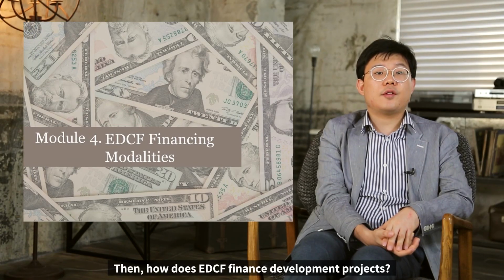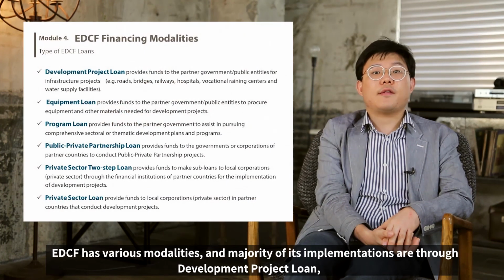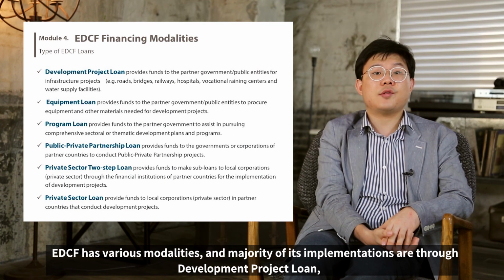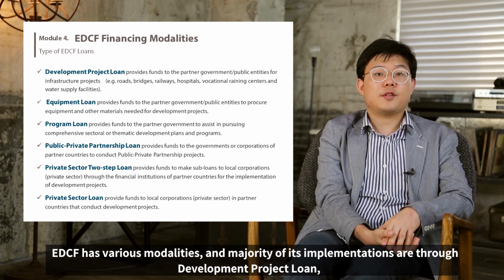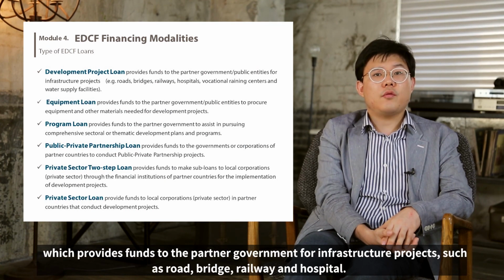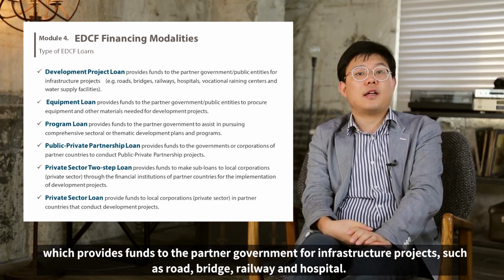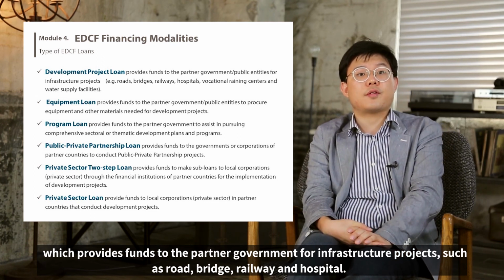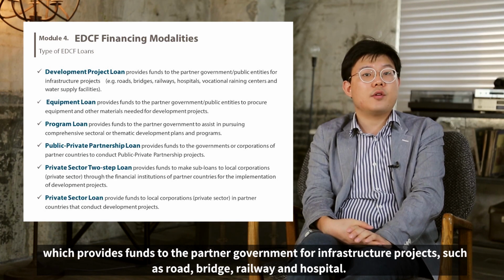Then, how does EDCF finance development projects? EDCF has various modalities, and the majority of its implementations are through development project loan, which provides funds to the partner governments for infrastructure projects such as road, bridge, railway, and hospital.